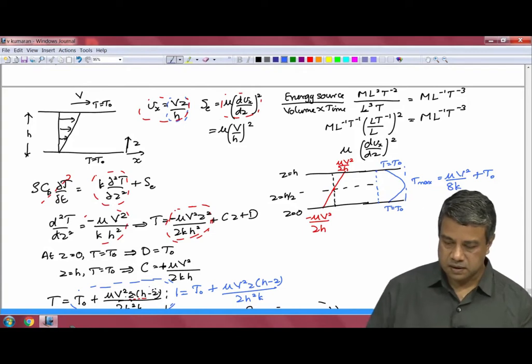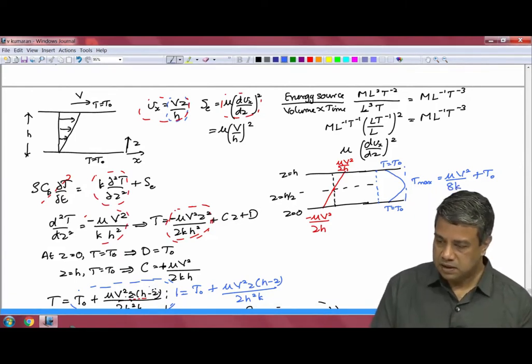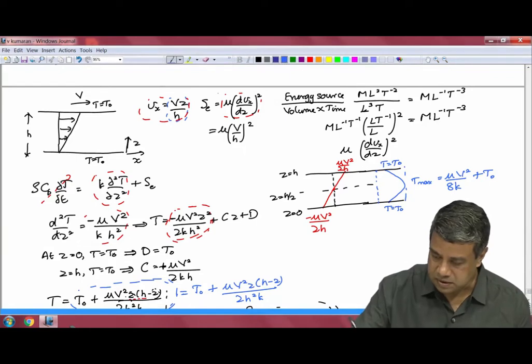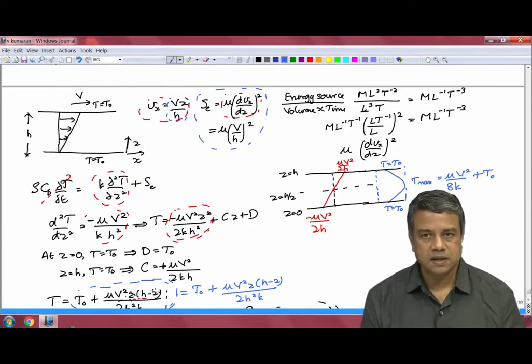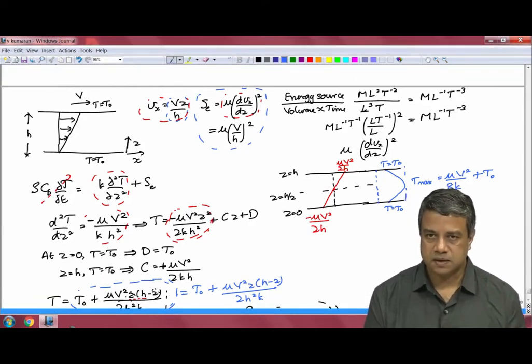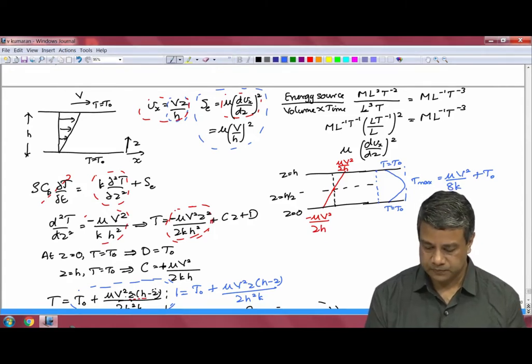As you recall, in this case the velocity is linear. So the slope of the velocity profile is a constant, and the source is equal to mu times dvx by dz the whole square, which is a constant because the slope of the velocity is a constant.